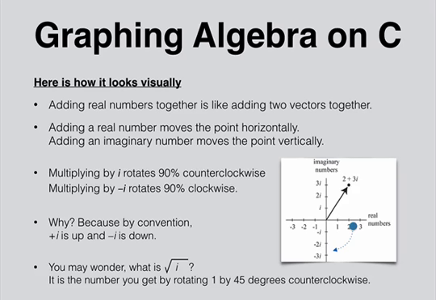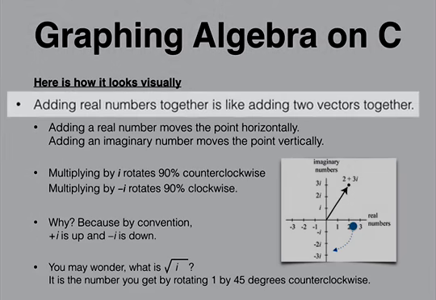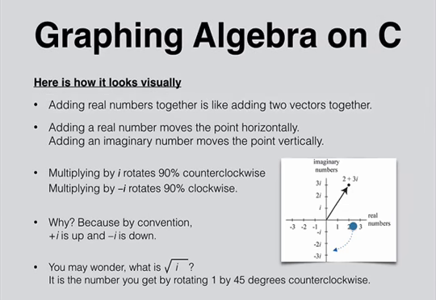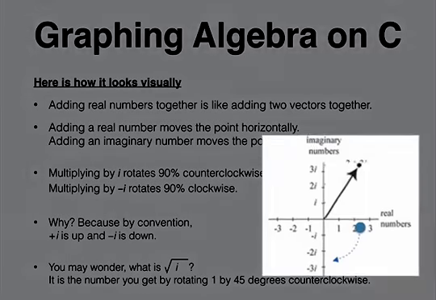Let me show you how the algebra on complex numbers works graphically, just like I did before with other number sets. So adding two numbers together, whether they're real or complex, is like adding two vectors together. A vector is like you've got a distance and a direction, just like this arrow here.